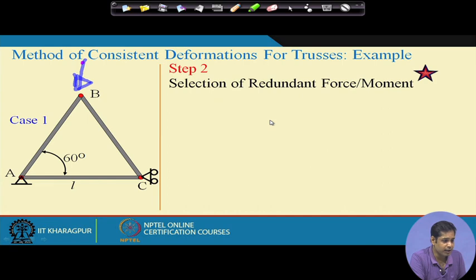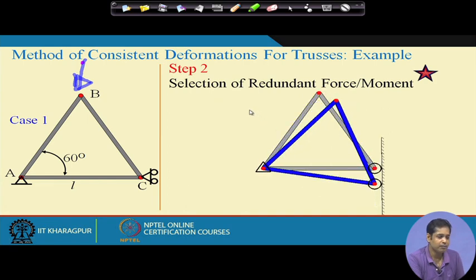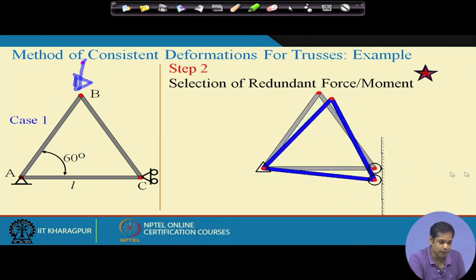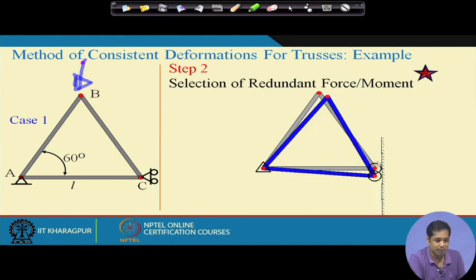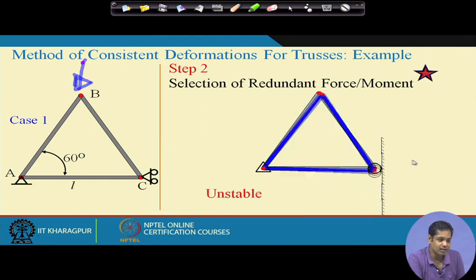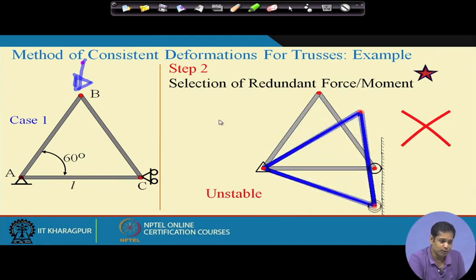This structure may deform like this, you see. So, this joint C can move in this direction, but the movement in this direction is restricted. This is unstable, and therefore case 1 cannot be possible. So, this is not a possible choice.